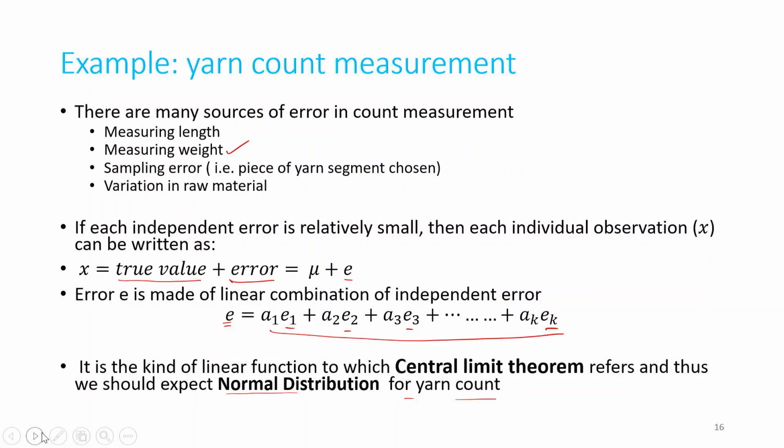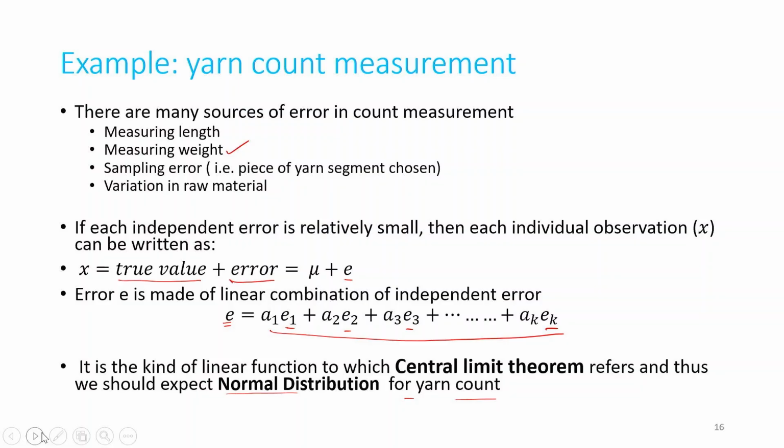The errors coming into my measurements have many sources; there could be variation in, let's say, humidity also. The top layers will absorb more moisture, the bottom layers have not absorbed much moisture. That could also lead to some variation in the weight, and therefore some error inherently in the measurements.